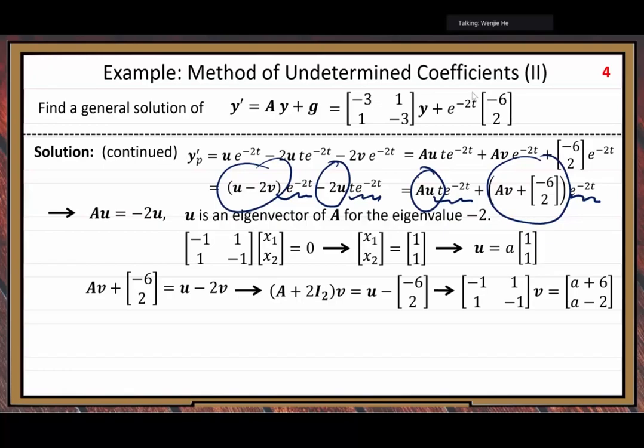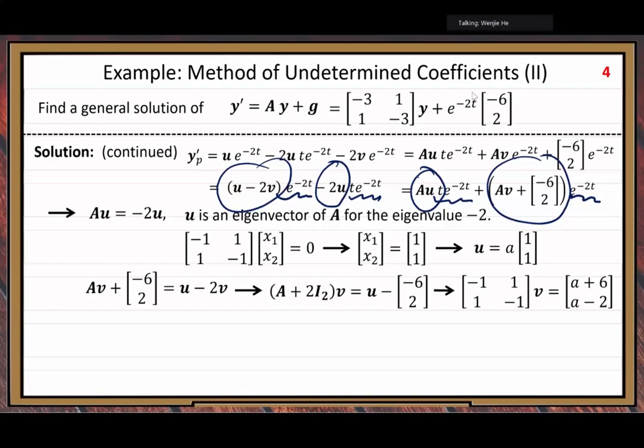So in general, this equation may not have a solution. Why? Look at the determinant of this matrix. The determinant is 0, right?